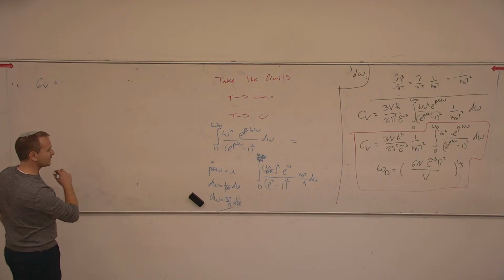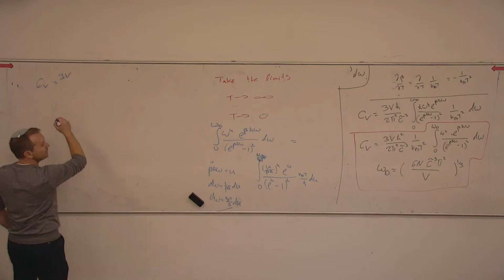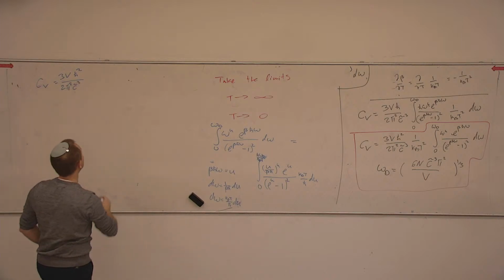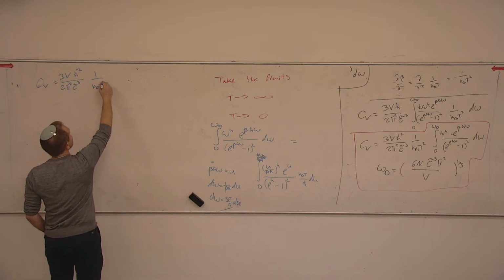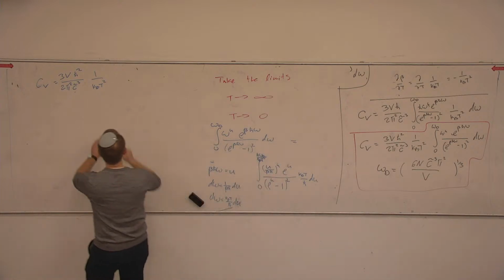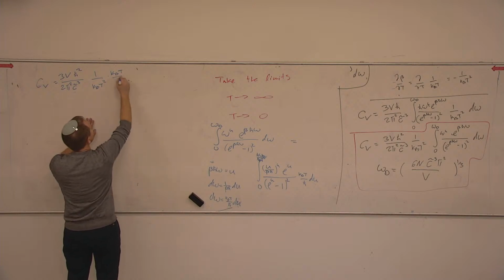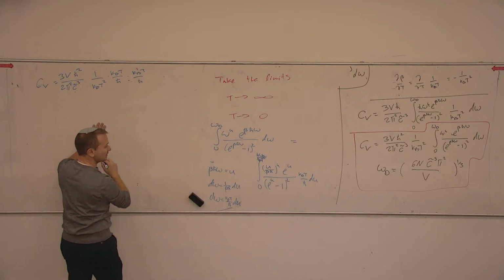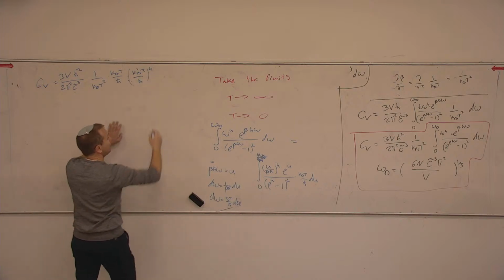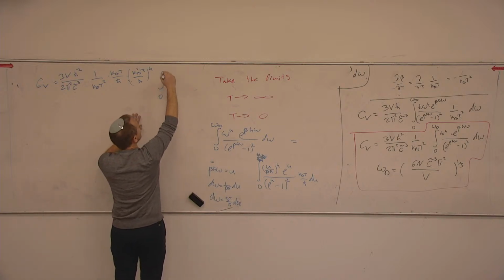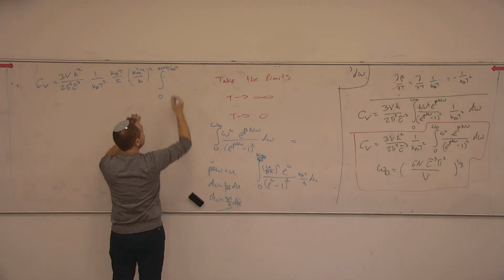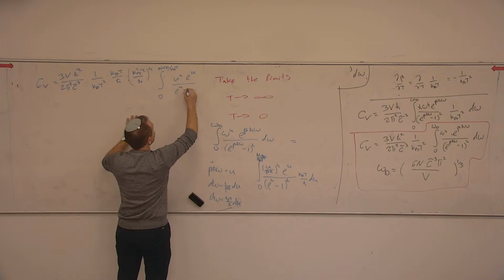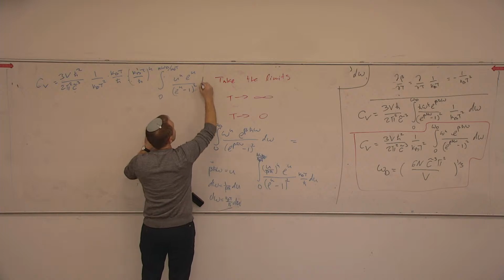So C_V equals 3V h bar squared divided by 2 pi squared c tilde to the third, times 1 over k Boltzmann T to the second power, times k Boltzmann T divided by h bar to the fourth power, times an integral from 0 to h bar omega D divided by k Boltzmann T of u to the fourth, e to the u over e to the u minus 1 squared, du.